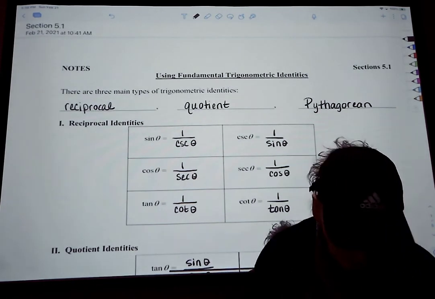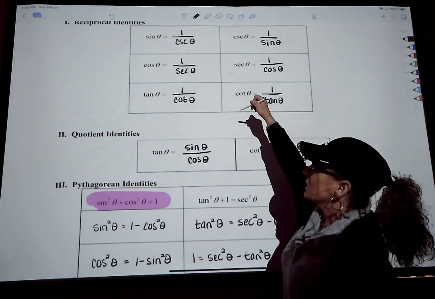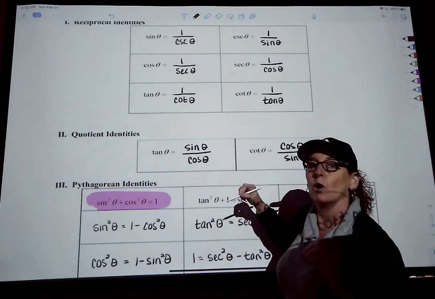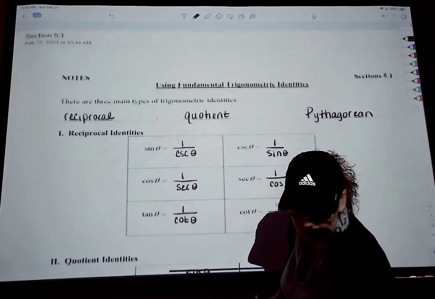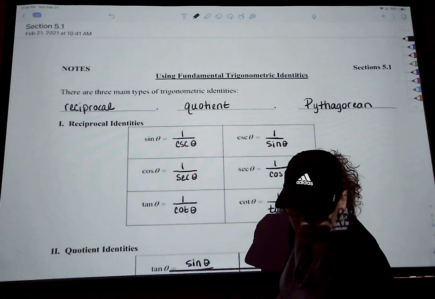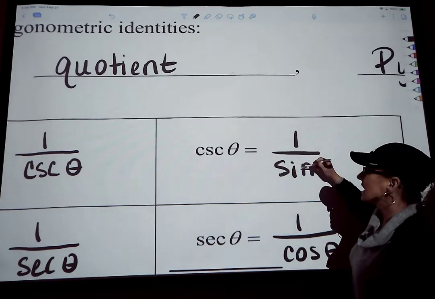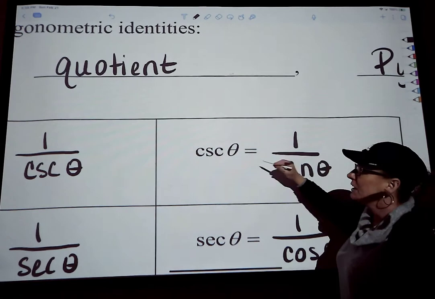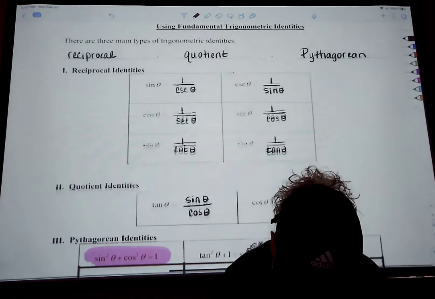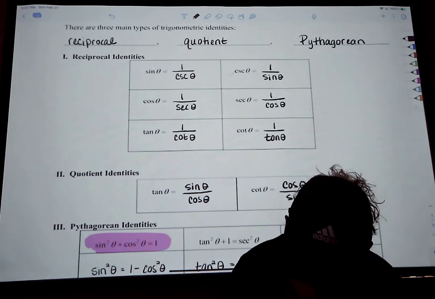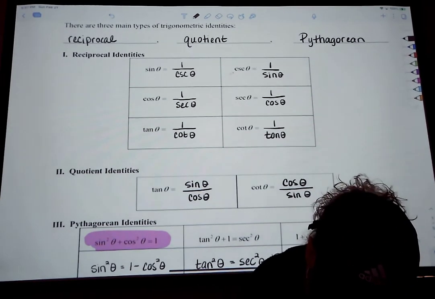All right. Now, as I've shown you, these up here all work when they're squared. So I turned 1 over sine squared into cosecant squared. So make yourself a note that the first two sets all work when they're squared.